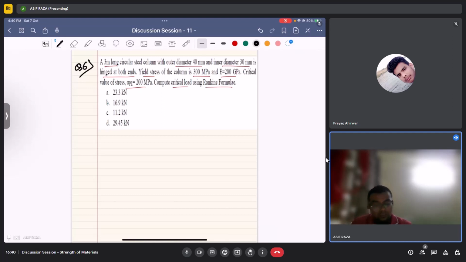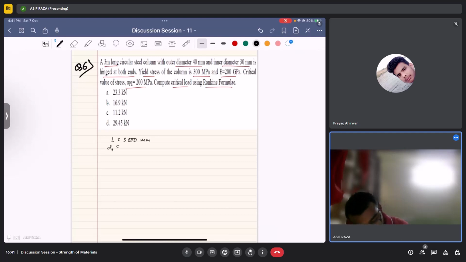Before that, let's write what all things are needed. So first thing is length is given as 3 meter, that is 3000 mm.